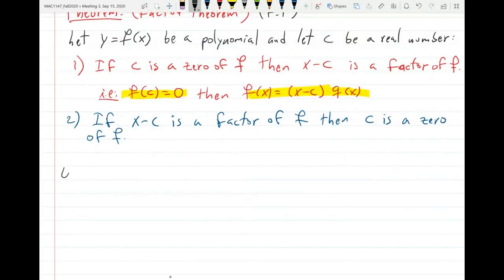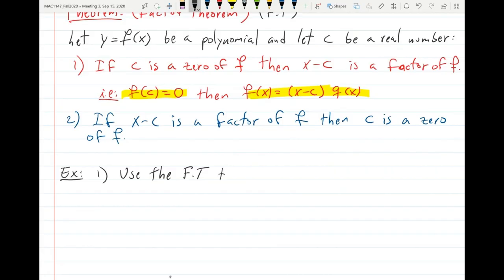So example number 1, let us use the factor theorem to determine if the given polynomials are factors or not of a polynomial that I'm going to give you. So I'll give you some candidates and then you will tell me whether they are factors or not.